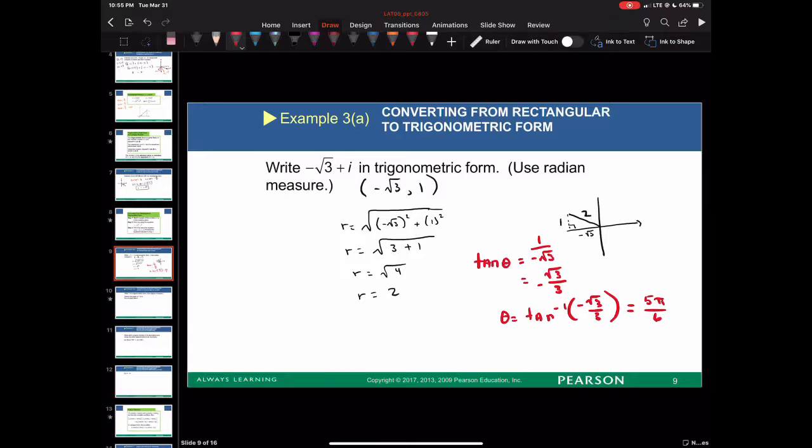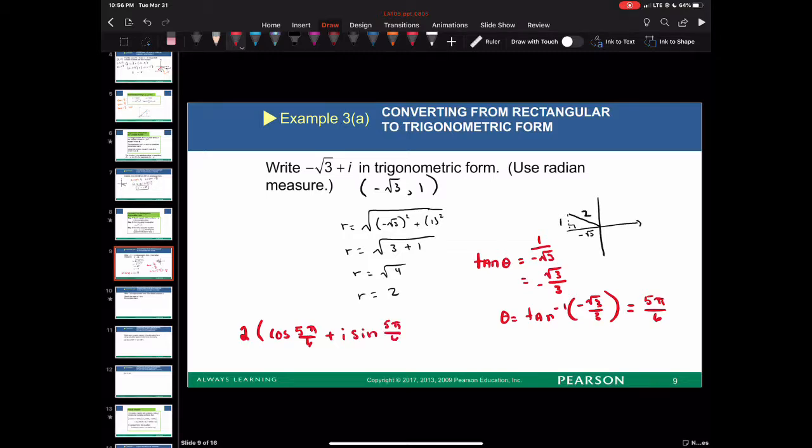So when we go and write this in our form, we will get 2 times the cosine of 5 pi over 6. Then we'll get plus i times the sine of 5 pi over 6.